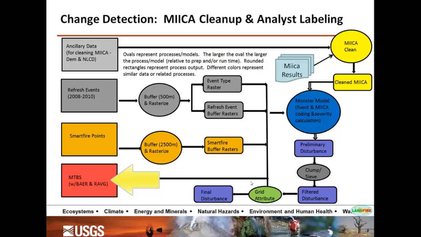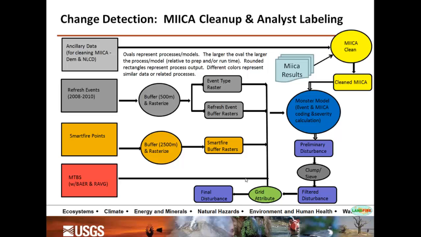areas that will get into the mix, and they kind of lay all this stuff together, and they say, look, we have these known events in MTBS, we have these other refresh events that have probably happened. What can we do to label these things? What can we do to put these final products out? And so this is a hands-on process.